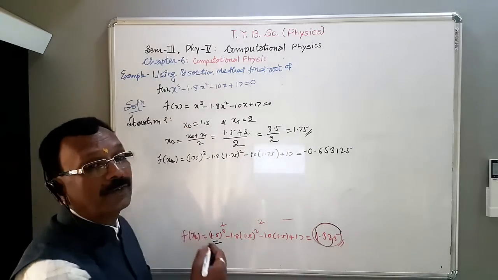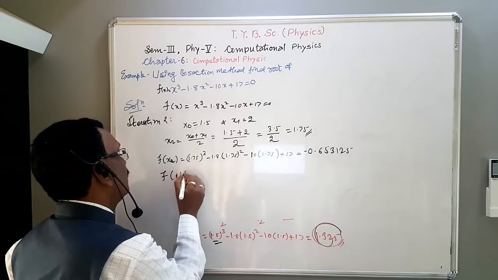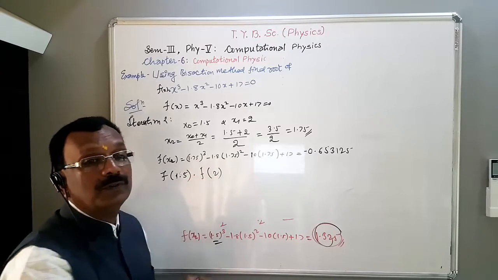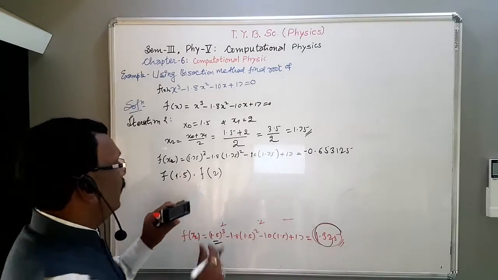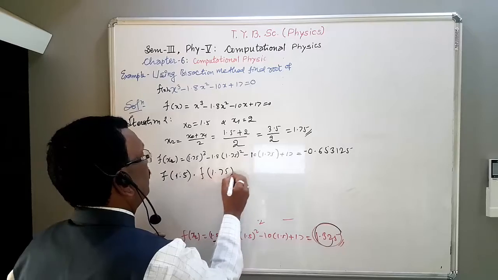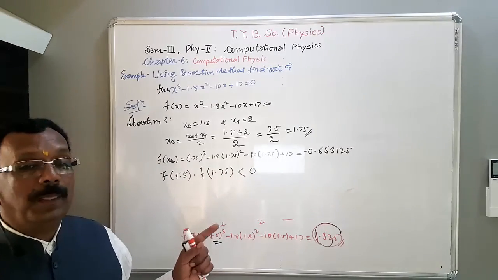Hence, here f of 1.5 into f of 1.75, not 2, 1.75. Again, this is less than 0.